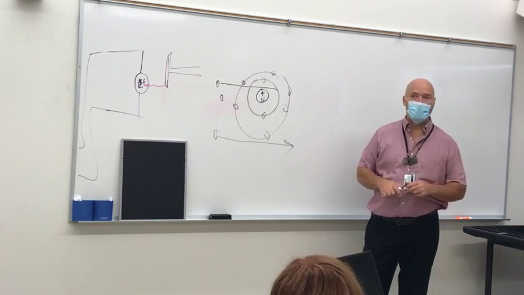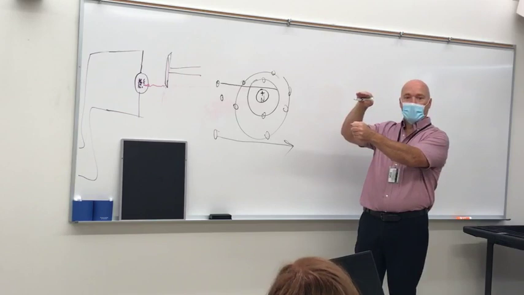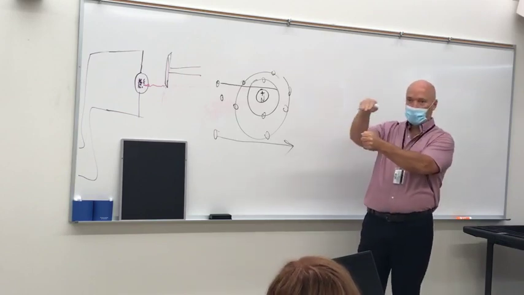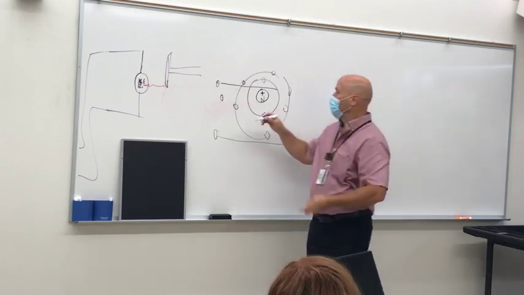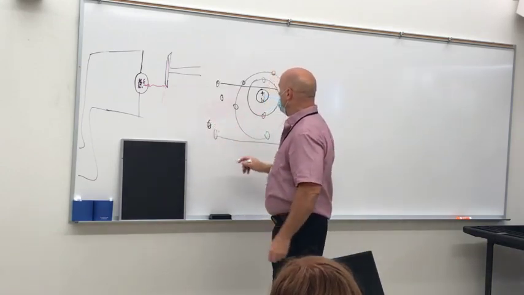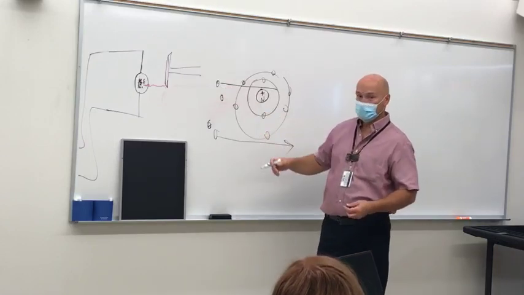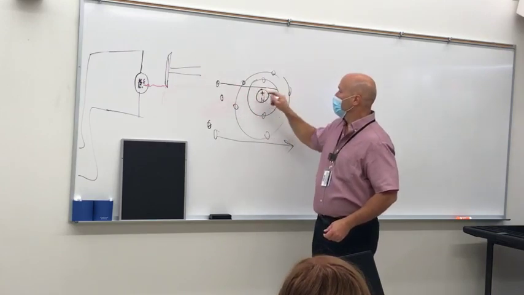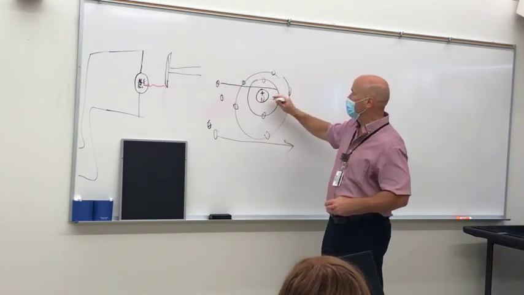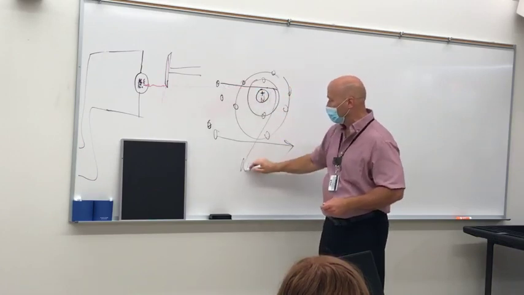What's going to happen to it? If it's traveling in a straight line and the Earth is right here, because of gravitational pull, it's going to have a tendency to go towards the Earth. So if it's way out here, what's the gravitational pull going to be compared to that? It's going to be lower. So if we have this one really close, then the gravitational pull, so to speak, of the nucleus of the atom is going to grab this electron and reroute it in a different direction.